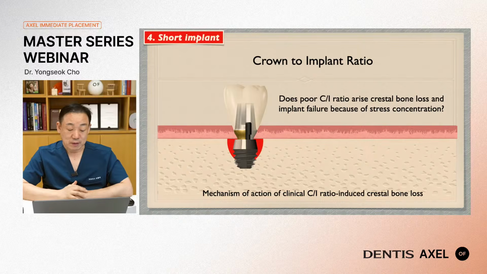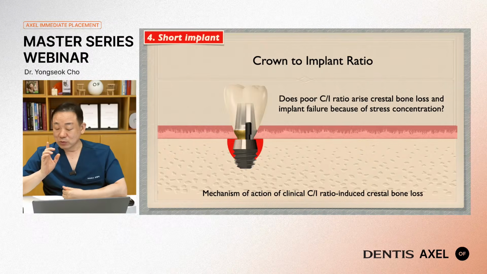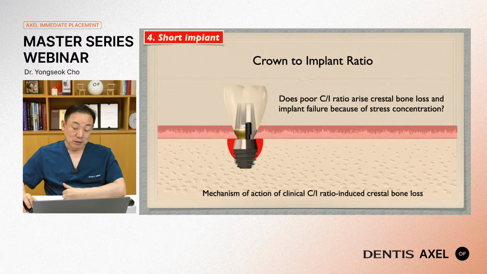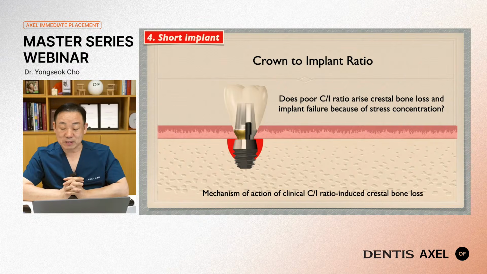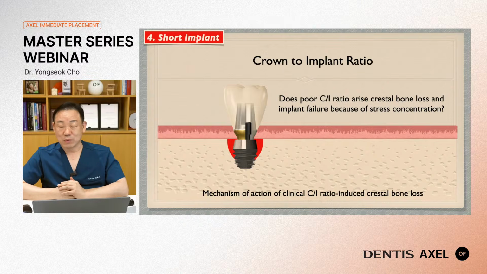As you know, unlike natural teeth, implants are rigidly osseointegrated into the surrounding bone and do not have a periodontal ligament. Therefore, the crown to implant ratio does not have the same prognostic significance as the crown to root ratio of natural teeth. So, in clinical practice, an increased crown to implant ratio alone does not necessarily compromise the success of a short implant.